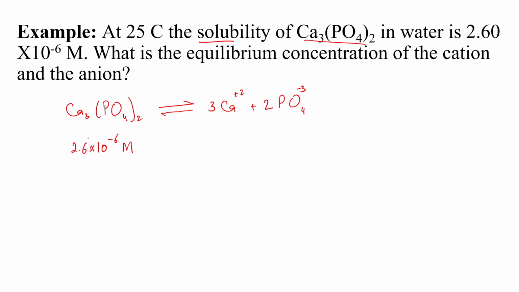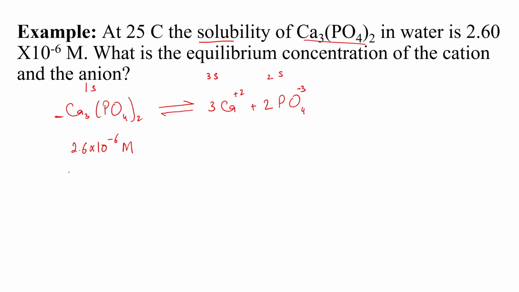If the solubility of calcium phosphate is 1s, I took 1 from here, the coefficient is 1. So if the solubility of calcium phosphate is 1s, the solubility of calcium ion is 3s, and the solubility of this anion is 2s. These 2, 3, and 1 are the coefficients of this salt and these ions.